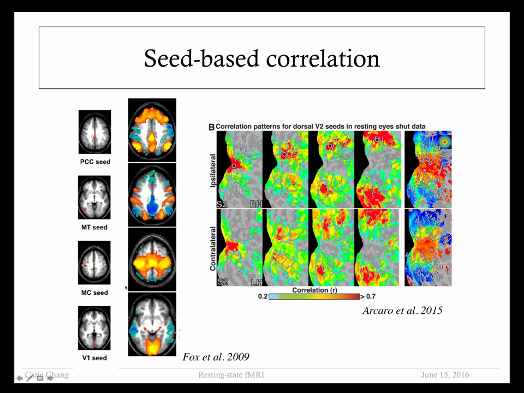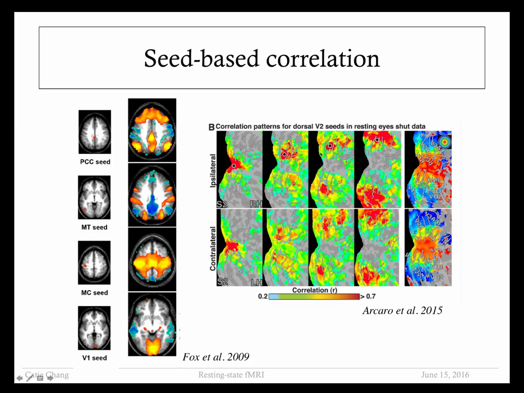And this is if you do it on a higher resolution or finer scale mapping. Here they placed seeds in different regions of visual area V2 that correspond to different eccentricity representations.